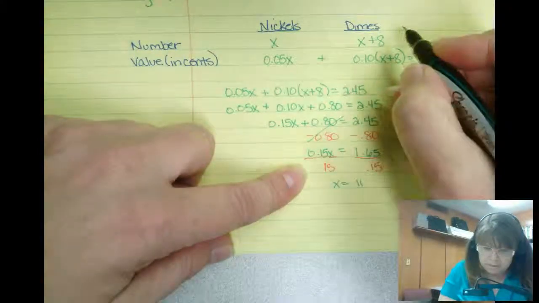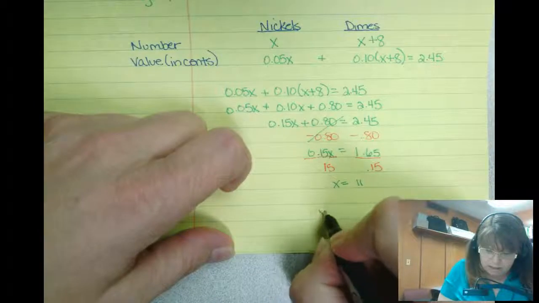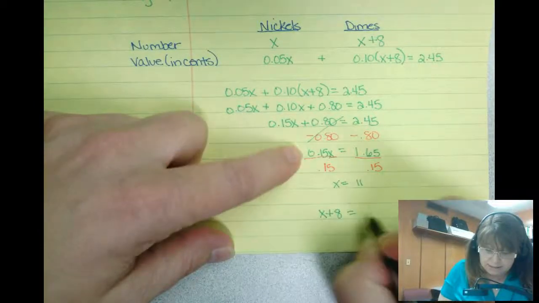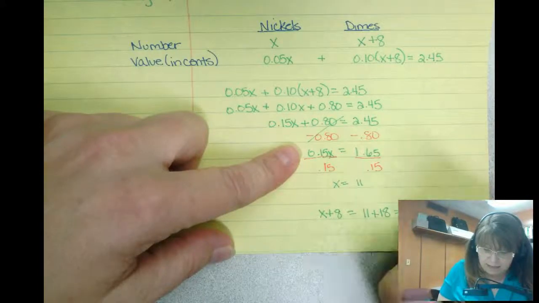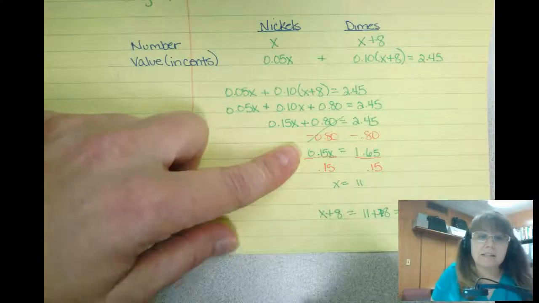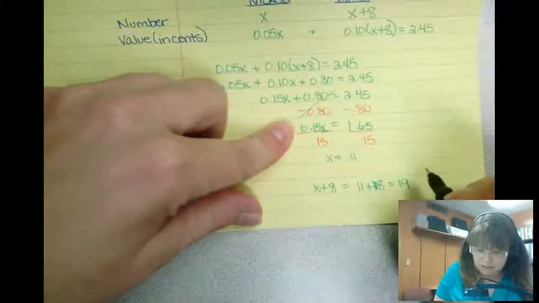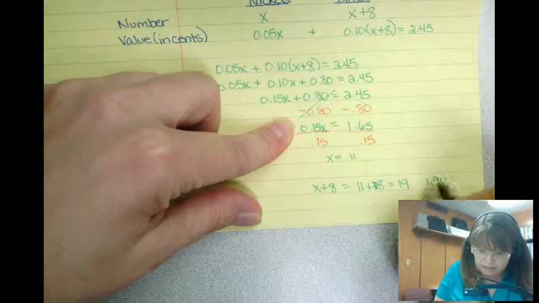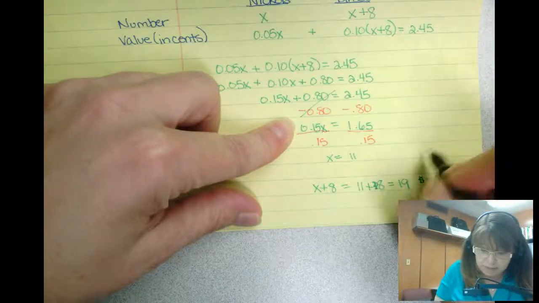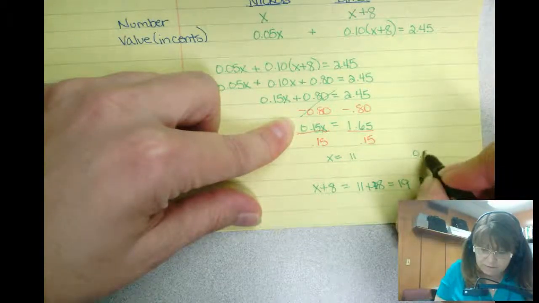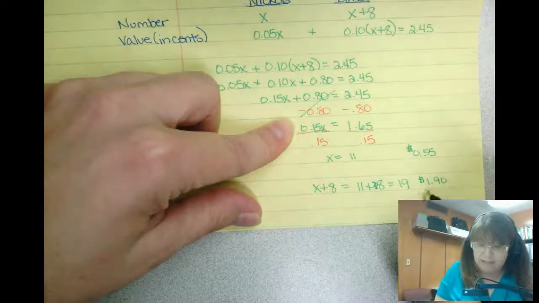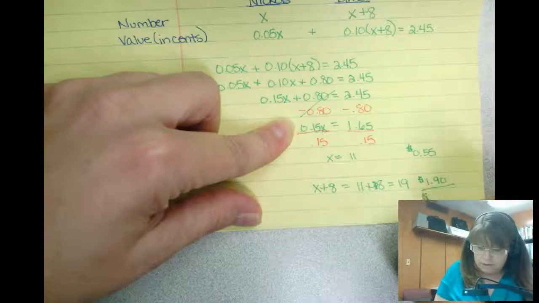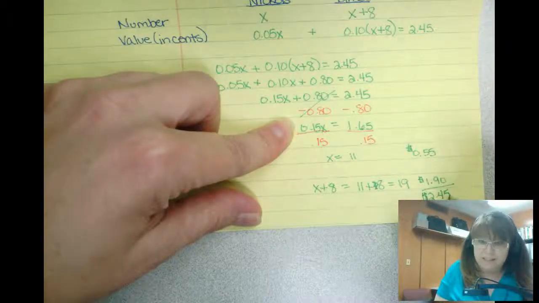But dimes: x plus 8 is 11 plus 8, and that gives me 19 dimes. In other words, $1.90 in dimes and 55 cents in nickels, and that indeed adds up to $2.45.